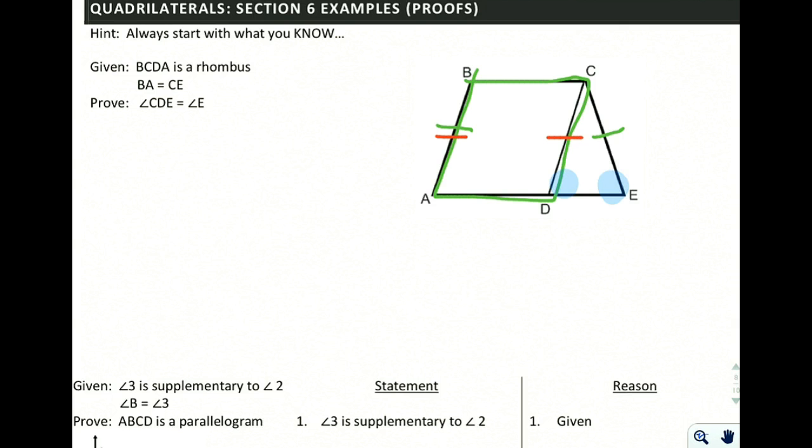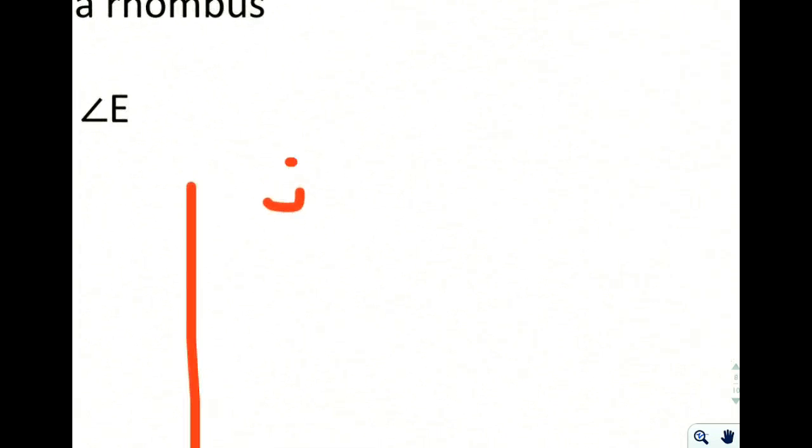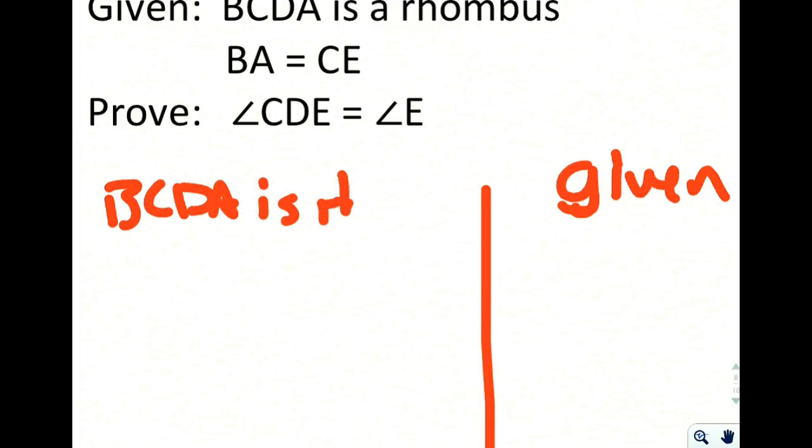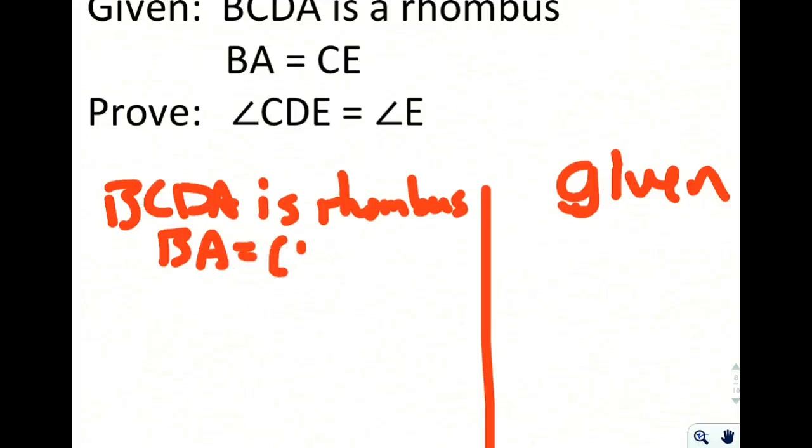I start every good proof with my given. So I have my given right away. Let's zoom in here. And by my given, I get that I have a rhombus. And I also know that BA is equal to CE.